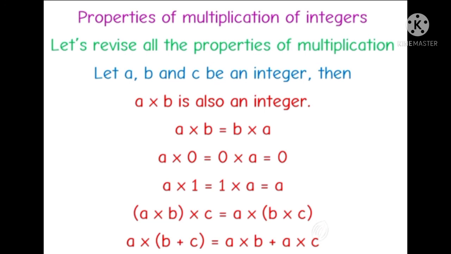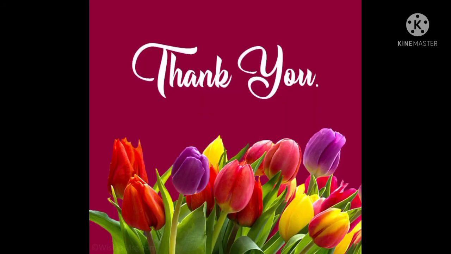Bracket of a into b into c is equal to a into bracket of b into c. This is associative property. Last one, a into bracket of b plus c is equal to a into b plus a into c is distributive property.